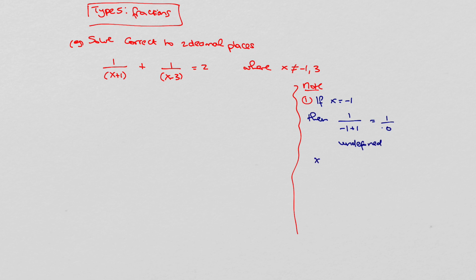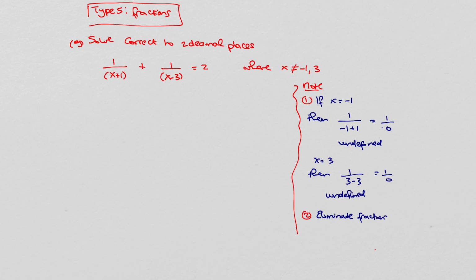And if x equals 3 in the second fraction, then we end up with the same situation where we get 3 minus 3, which is 1 over 0, and again, undefined. So therefore, we can't have those two values for this particular equation, because we end up with 2 cases where we have undefined.